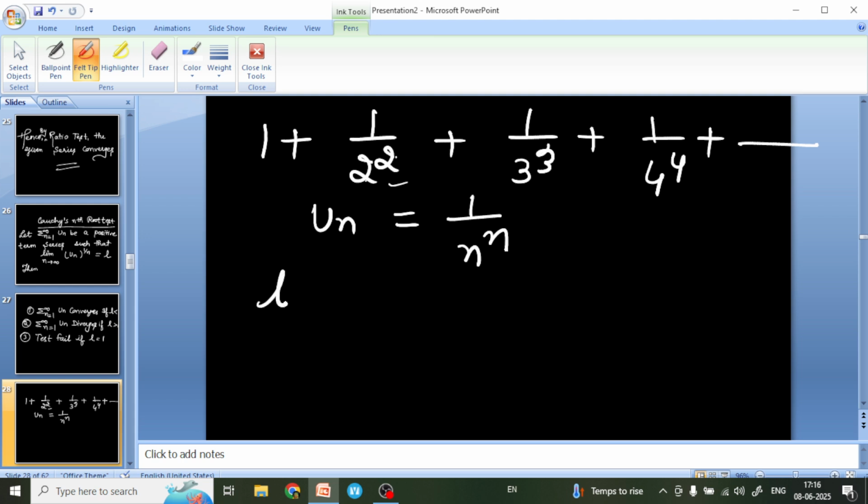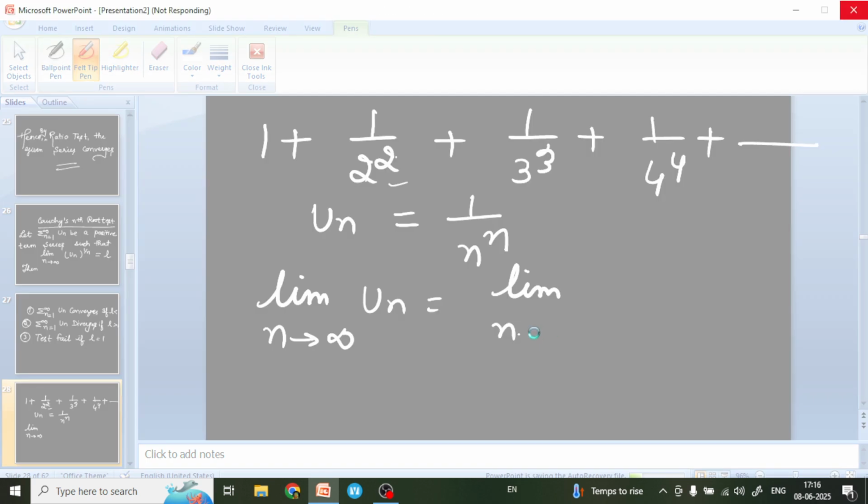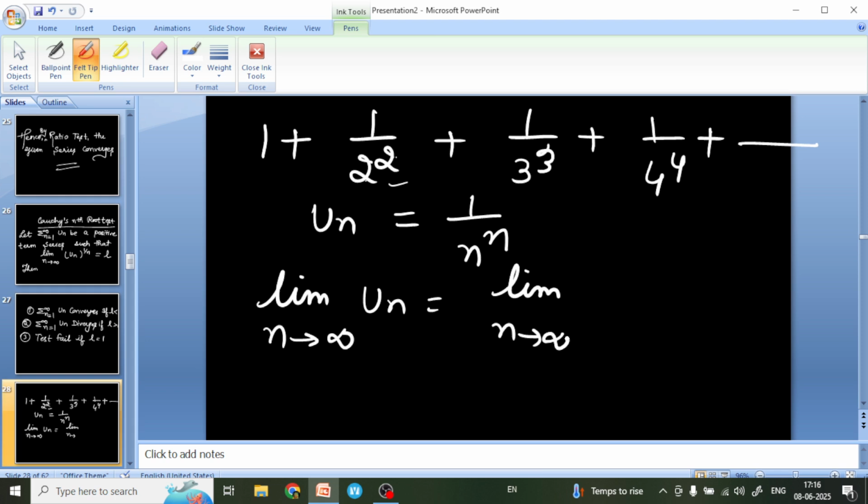And after that, take the limit as n tends to infinity, here we will take un power 1 by n.